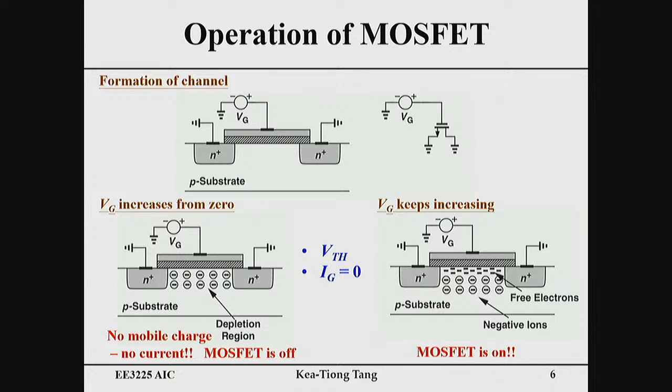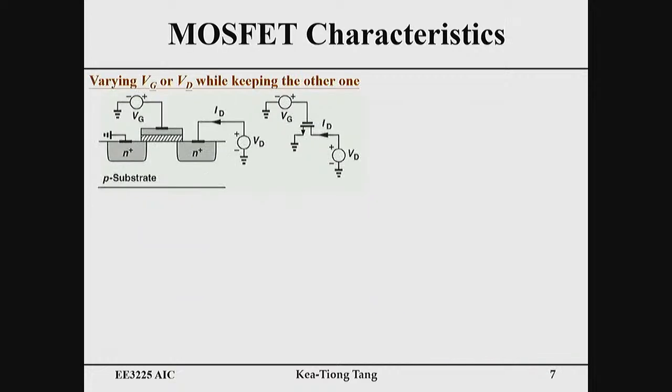Only when the gate voltage is larger than the threshold voltage, then we can form a channel. And in this channel, there will be some free electrons. So these free electrons can be forced to move by the electric field between the drain and the source. Okay, so the first idea is that you have to bias the gate larger than the threshold voltage in order to form a channel for current flow.